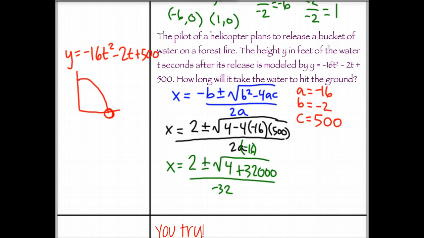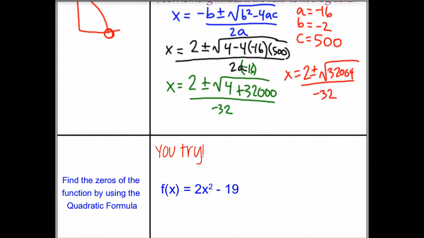Now we're going to switch colors here and go with x is equal to 2 plus or minus the square root of 32004 all over negative 32. Now, believe it or not, we can break this number down a little bit.